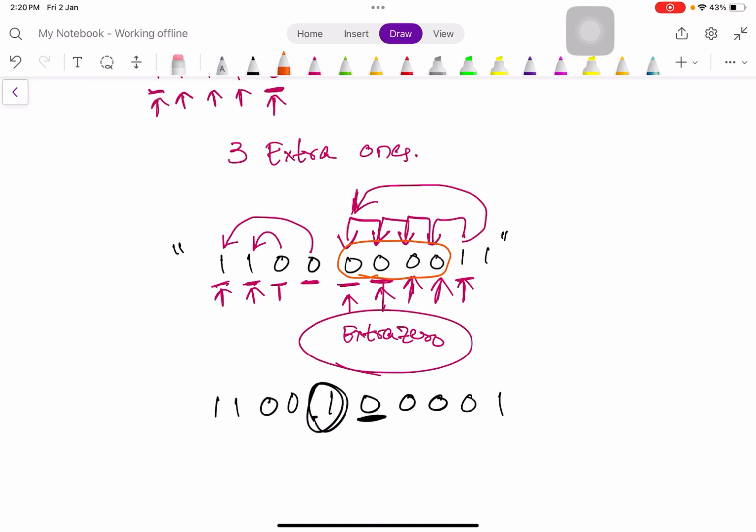Okay, cool. So now let's take a bigger example and try to understand step by step how we will calculate the swaps required and how we will find out the longest good prefix.